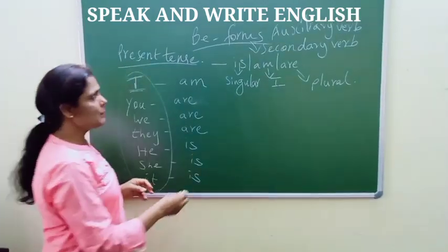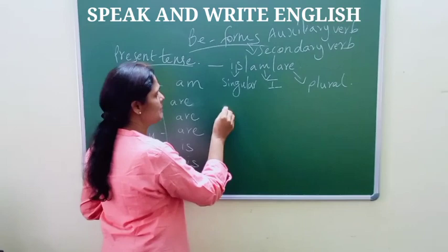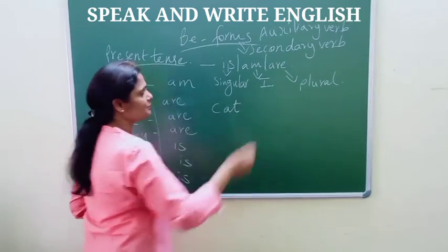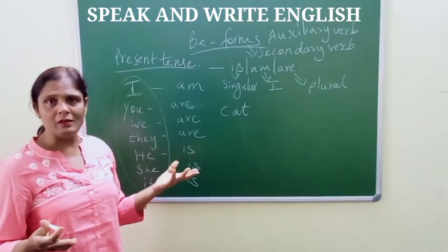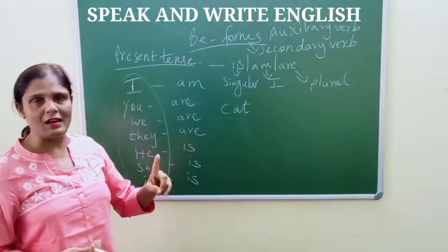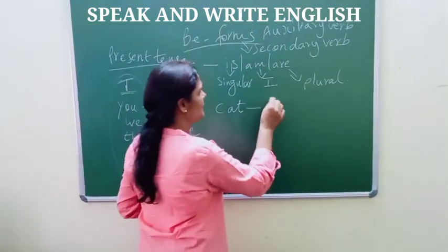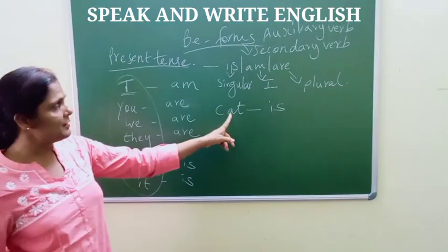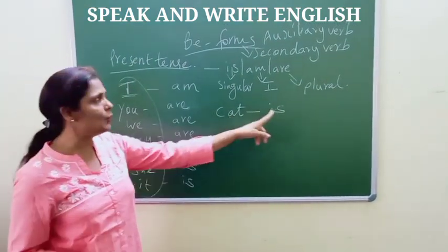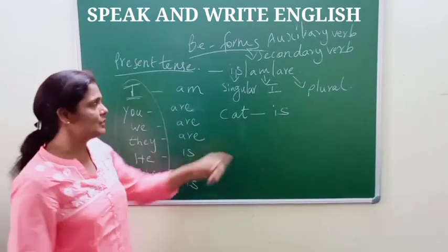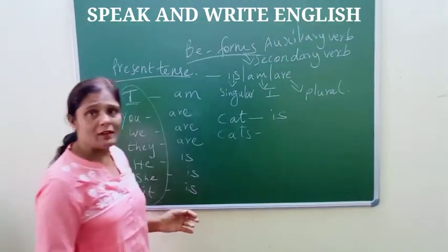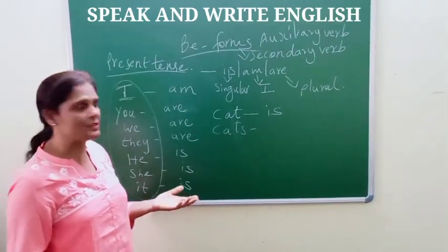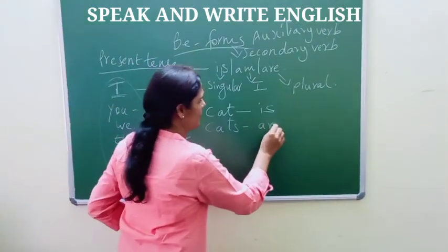But when you talk about the third person, for example, when I say cat. Cat is a single thing or many animals? It's one unit, that is one animal, so we take cat is. Whereas if I take the word cats, it means more than one, it can be 2, 3, hundreds, so we take the be form are.